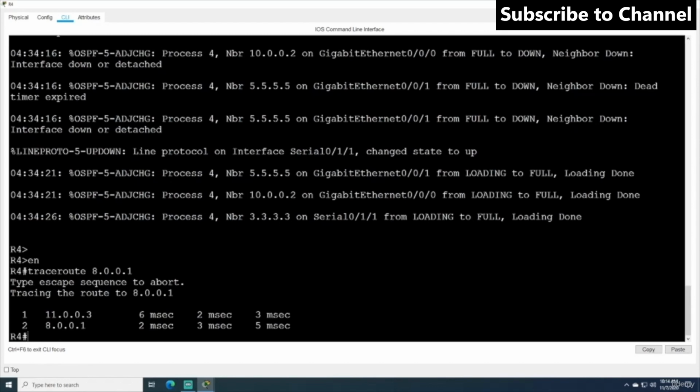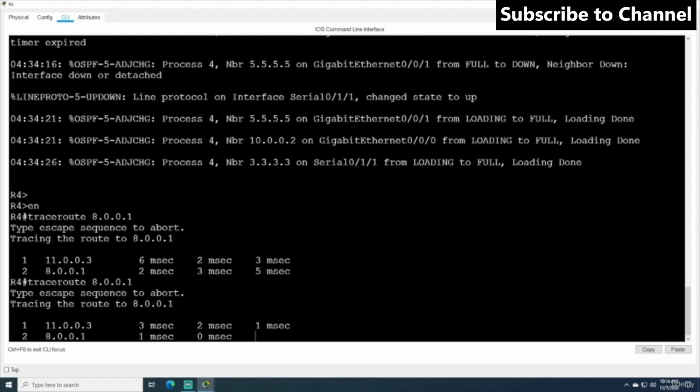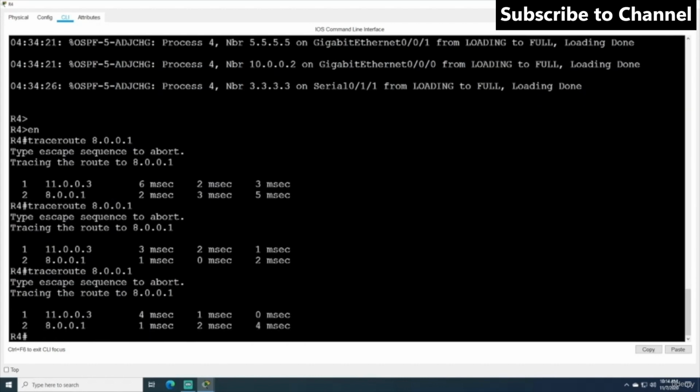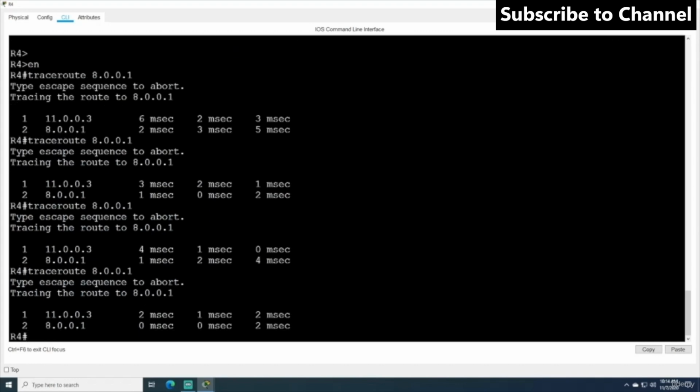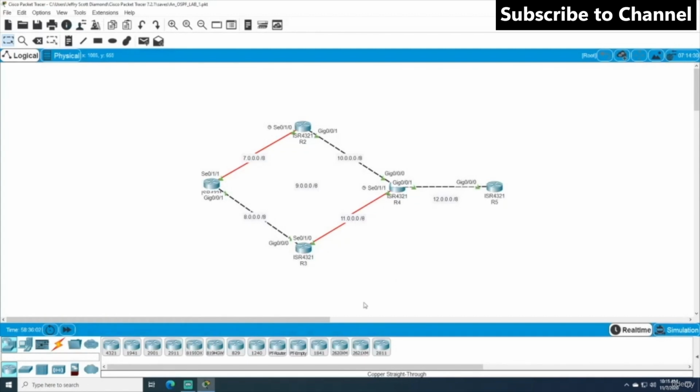So it goes across the serial link on the 11,000 network and then across the 8,000 network. So that all looks good. And I suspect the same thing will happen for router 2 and router 3.